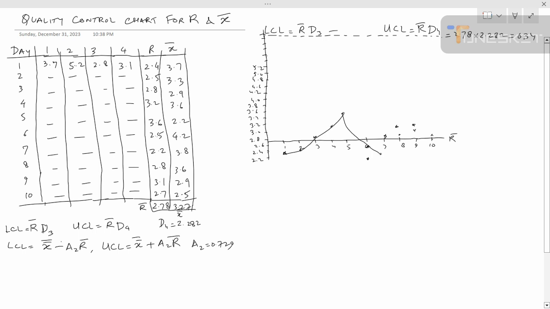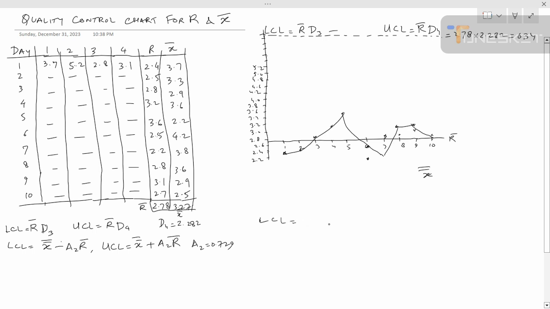What we can do, we can draw the graph for the X double bar chart in the same way. We need to work out the lower control limit and upper control limit for this one.